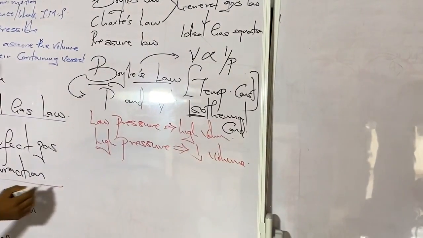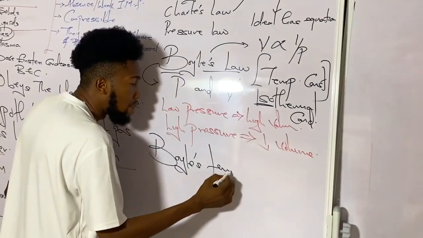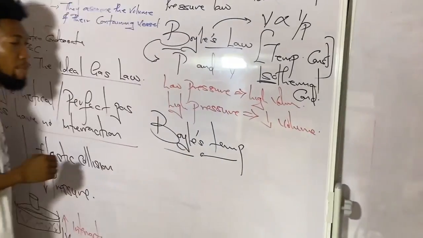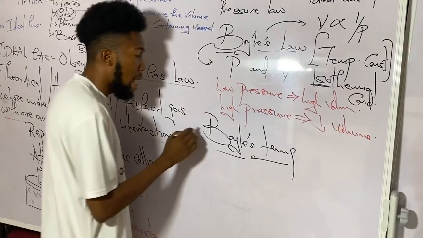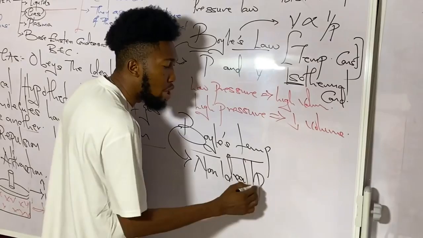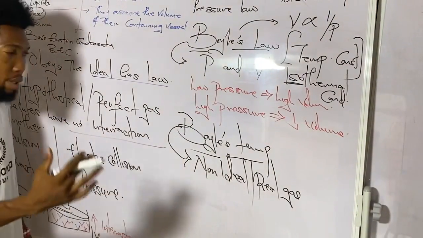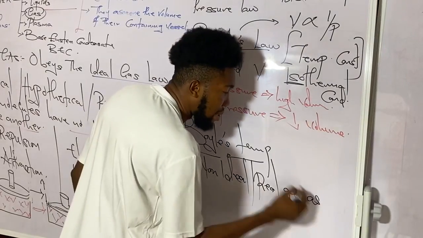So there's something we call Boyle's temperature. Now, the Boyle's temperature is the temperature at which a non-ideal or real gas will begin behaving as an ideal gas.